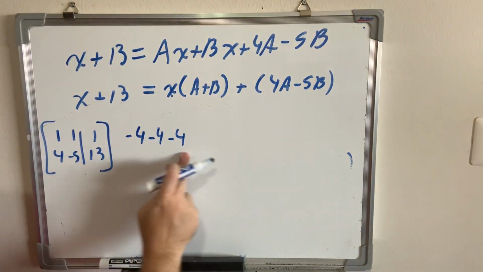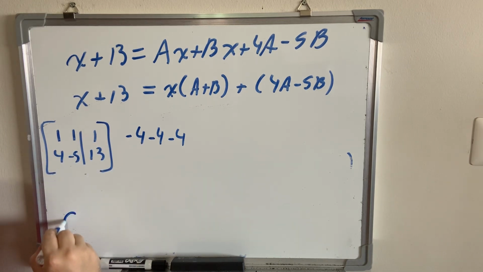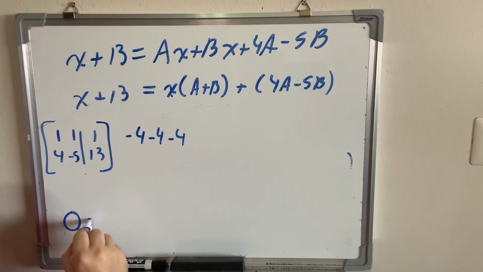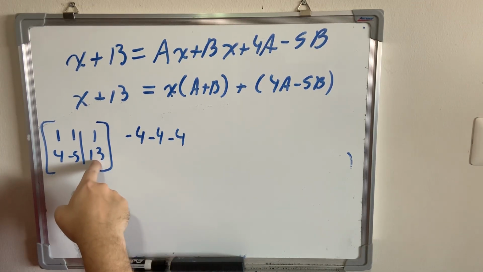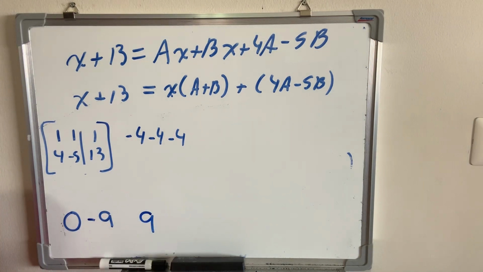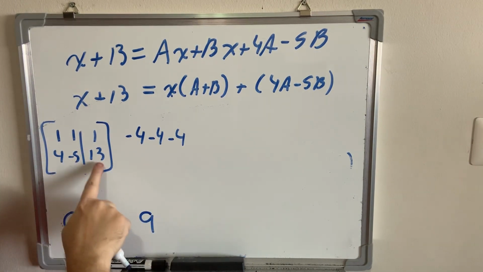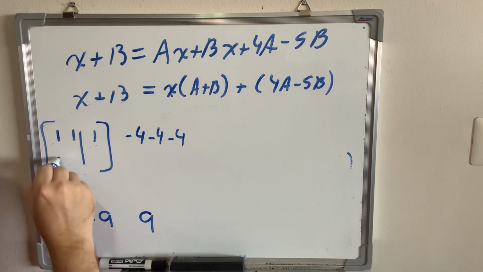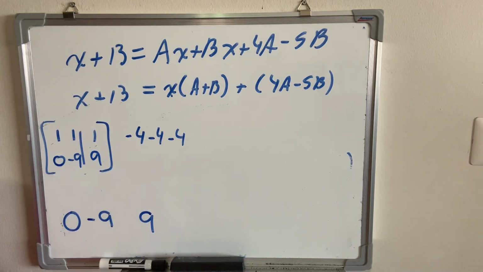Now when I add this to the bottom line, -4 plus 4, I'm going to get a 0. -4 minus 5, I'm going to get -9. And -4 plus 13, 9. So after I multiply the first line by -4 and add it down here, I'm going to switch it for the new result. 0, -9, and 9.